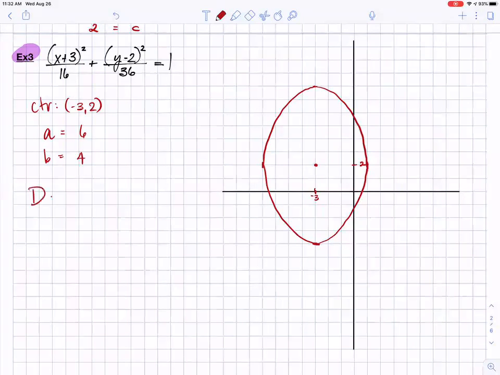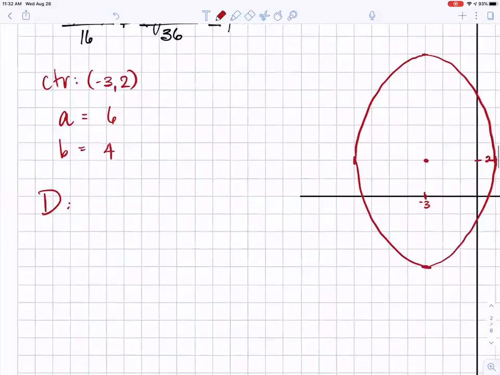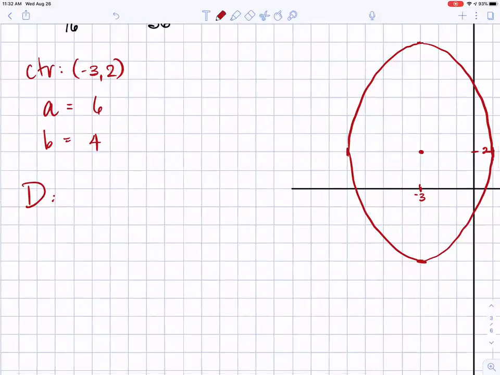All right, how about your domain? Anybody? -7. What was the second value? To 1. Do you remember one of the things I talked to you about back when we were doing circles?